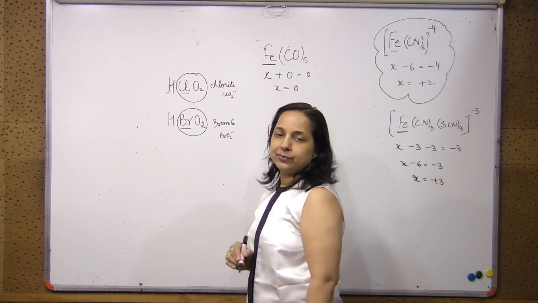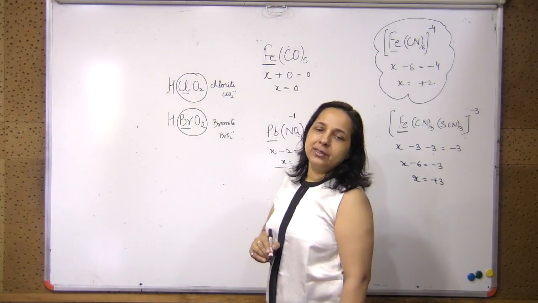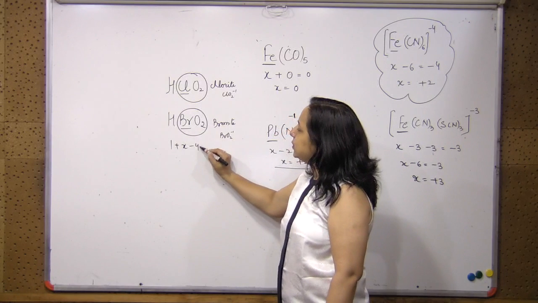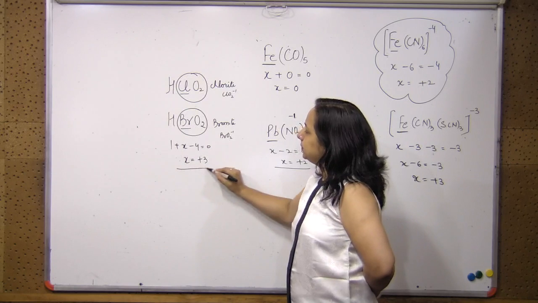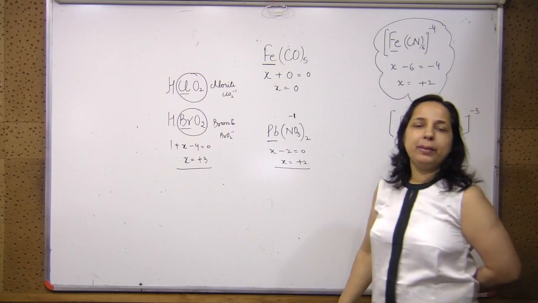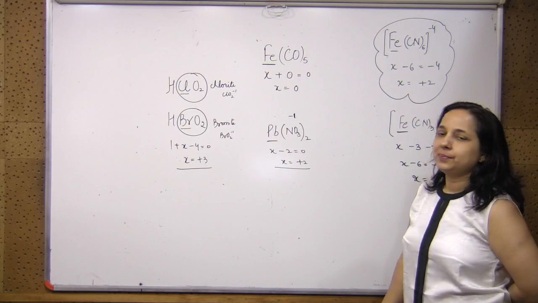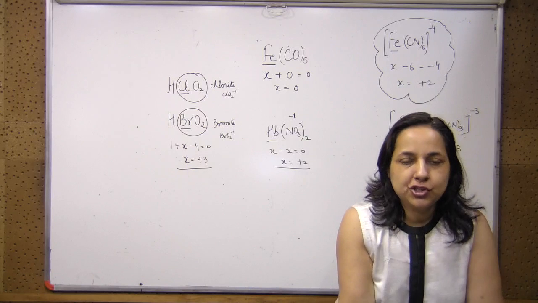BrO2 1 negative. So we can calculate the oxidation number of bromine as 1 plus x minus 4 is 0. X comes out to be 3. So chlorine and bromine both are having plus 3 oxidation state. This is how we can calculate oxidation number.